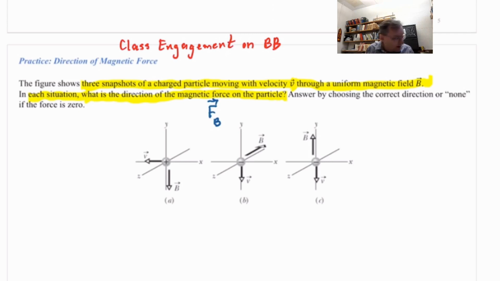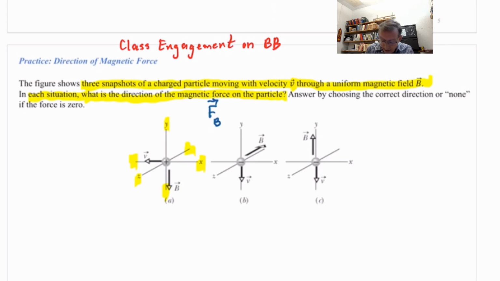Okay, now I will give you a little bit of help. The answers will be one of the coordinate axes directions. Plus x, that way, negative x, that way. Plus y up, negative y down. Plus z out of the screen, negative z into the screen. That's true for all the situations.